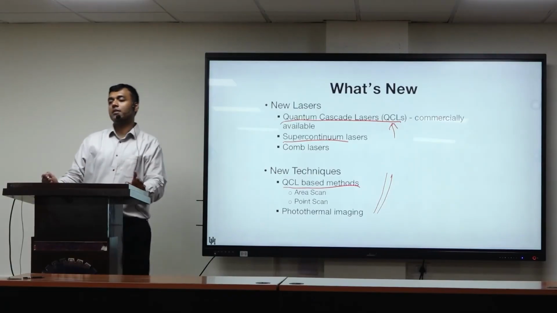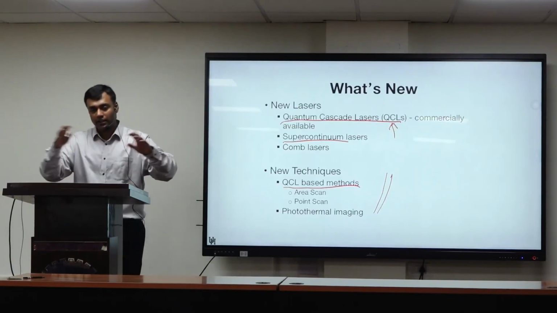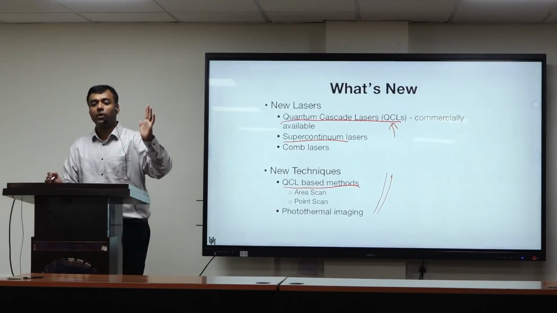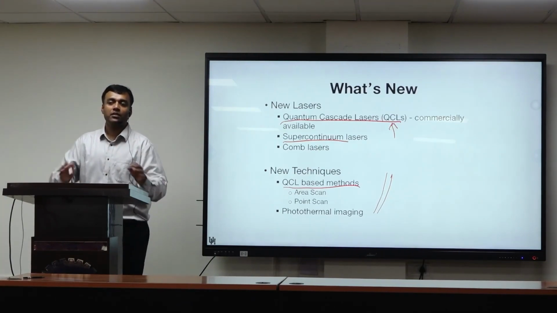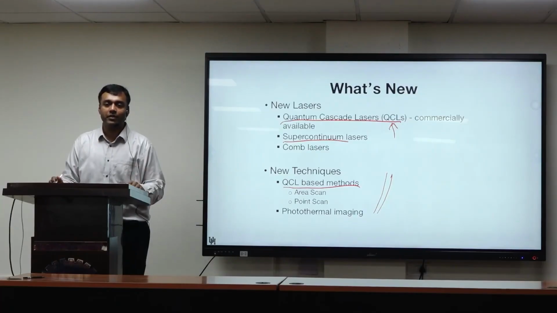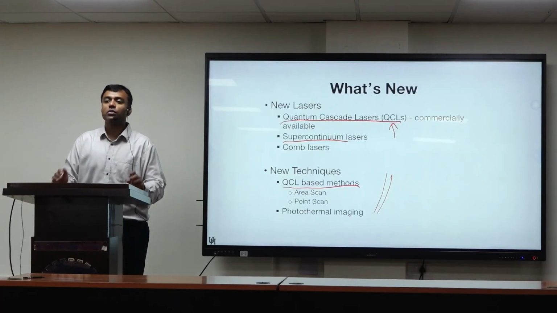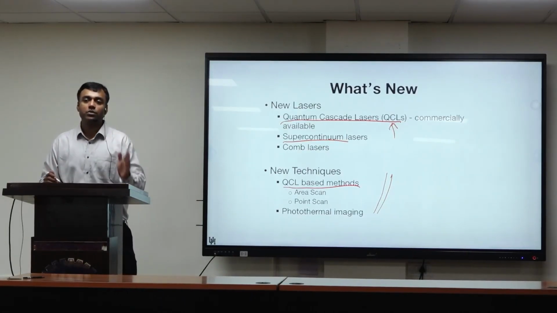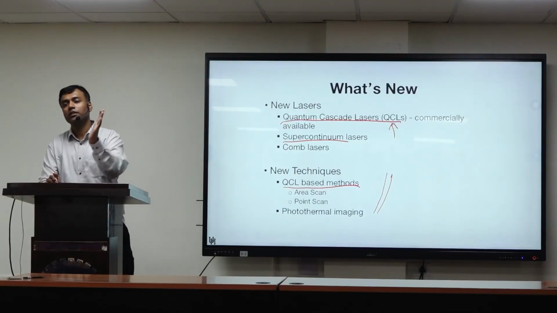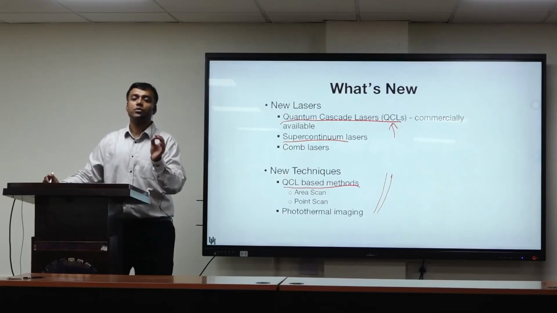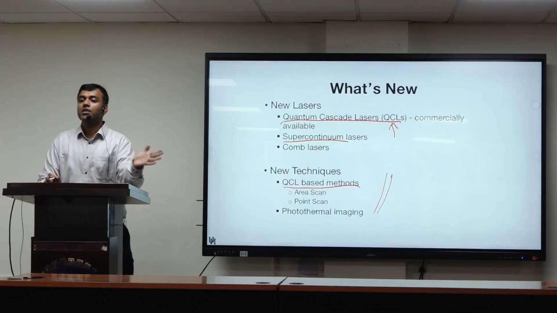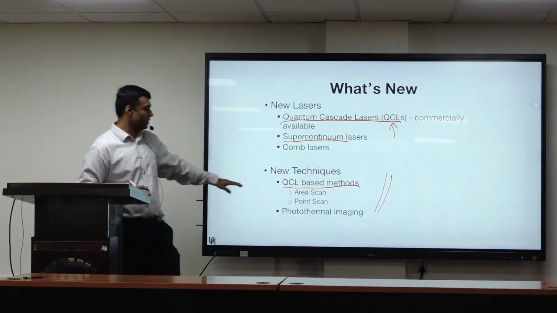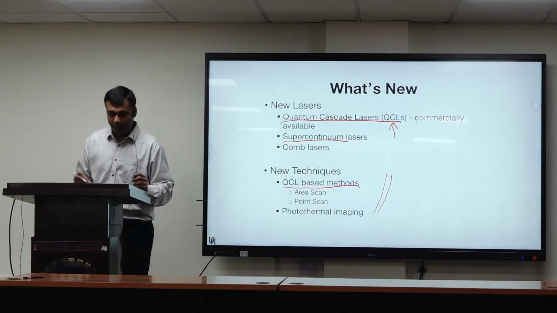Let's say in breast cancer, you first collected full spectrum data, and you realize that only 20 of the wavelengths are important for diagnosis. The rest of the thousand wavelengths are not useful. In FTIR, you have to collect the full spectrum always. But with QCLs, one of the advantages is you can collect only those 20 wavelengths, or whatever wavelengths you want. That's much faster than collecting the full data, so these approaches become more efficient.